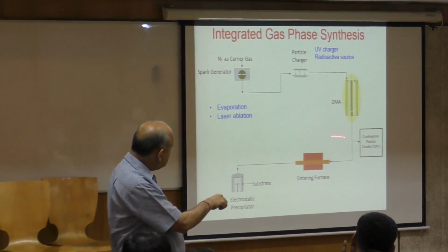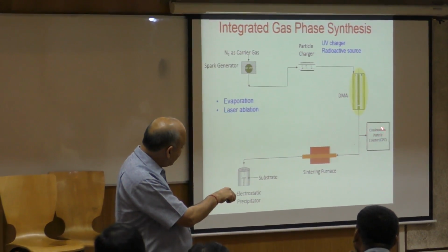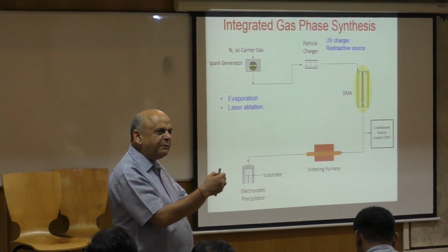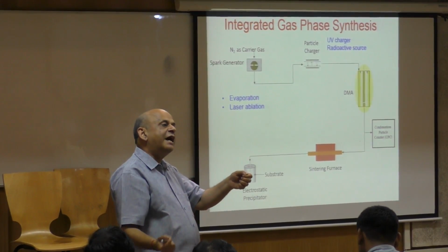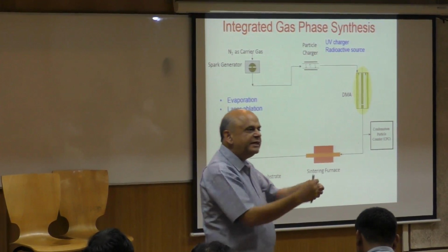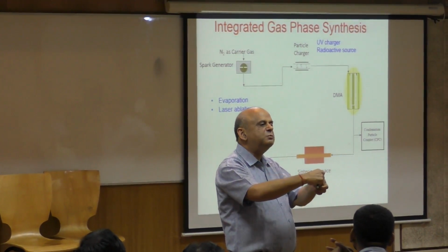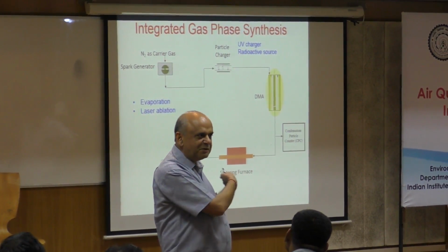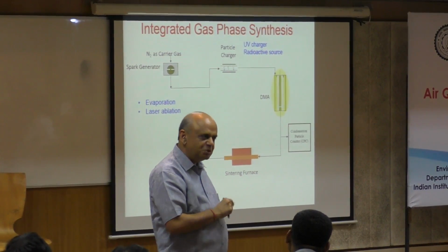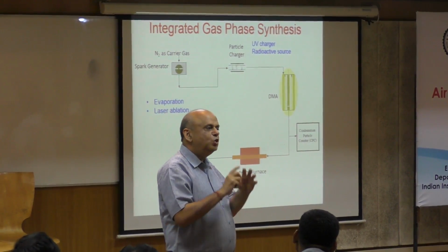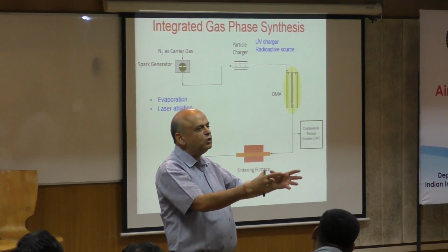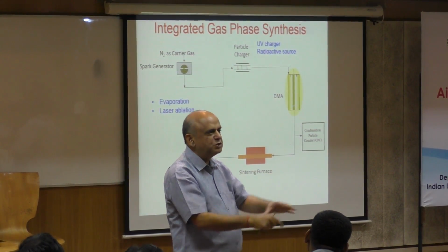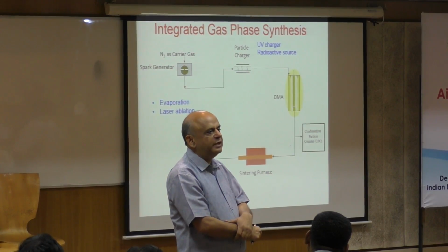You can take a sample of this gas into the condensation particle counter, where another volatile liquid condenses on the particles, the particles become bigger, so that you can count them with light scattering. So you know the number, and you control the time, and you know how many particles are deposited. So you have to control that.